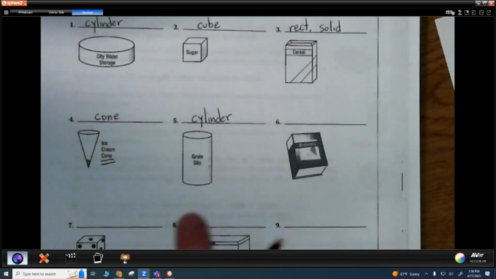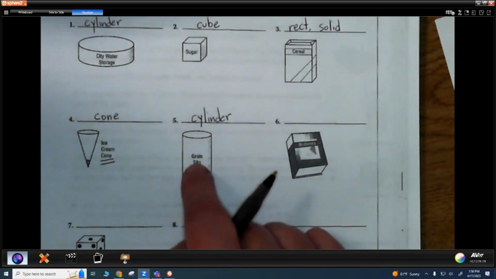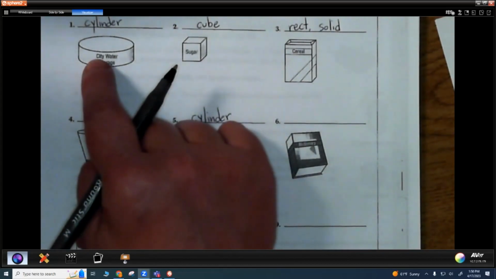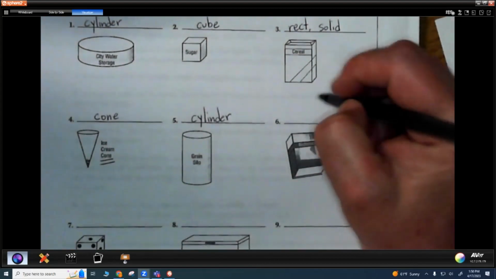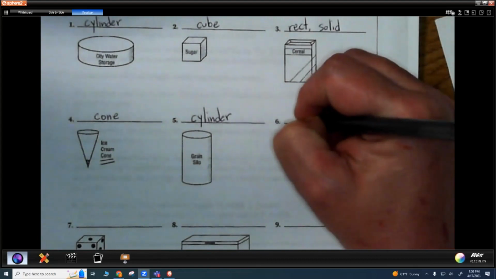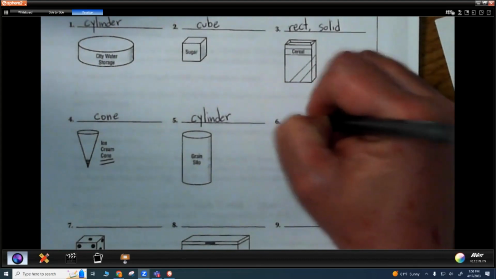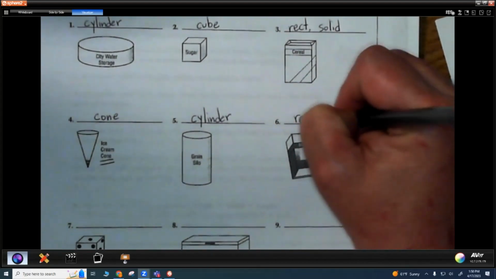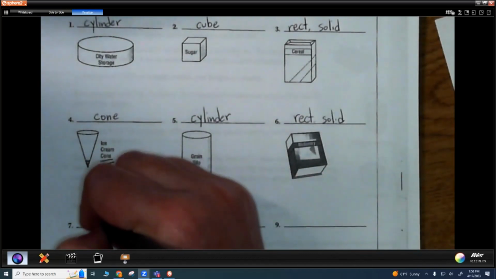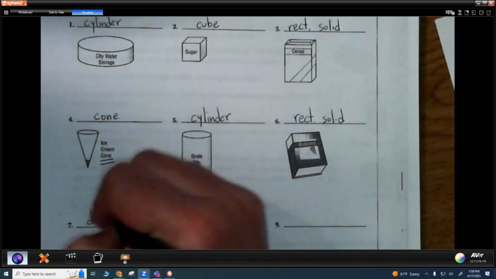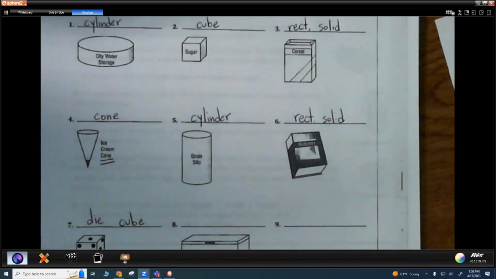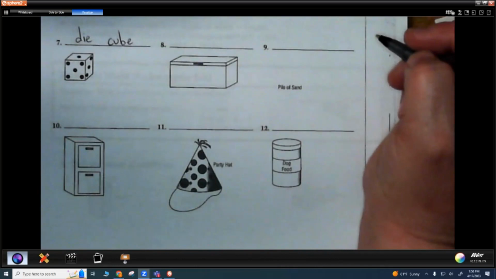Sometimes you might see something like a grain silo or a cylindrical water tank, so you have to definitely make those connections. So books and cereal boxes are rectangular solid. I'm just abbreviating rectangular because I don't want to write it out. I was just about to write dice. That's funny, this is a die, which is a cube.